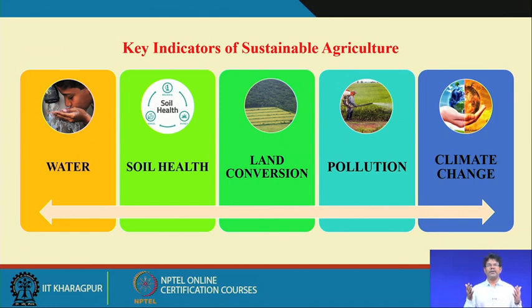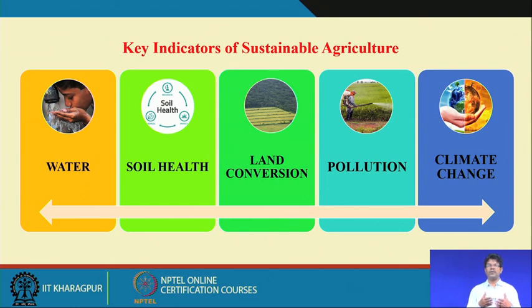Once you know the indicators and their importance in agricultural production systems, we should know how to protect them: how to protect water, how to economize the use of water, and how to maintain and improve soil health.